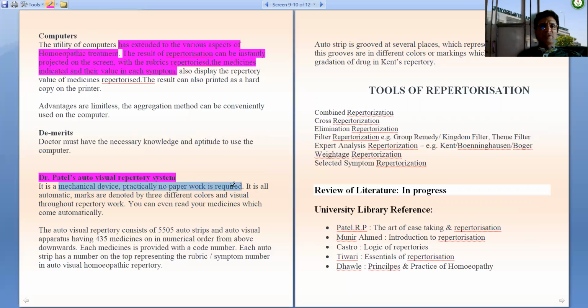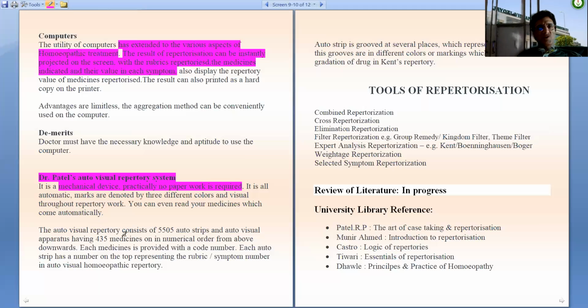Practically no paperwork is required in this. It is automatic. Marks are denoted by different colors and visuals throughout repertory work. You can even read your medicines which come automatically. Therefore, it is named auto-visual, means self-visualized, automatically visualized.